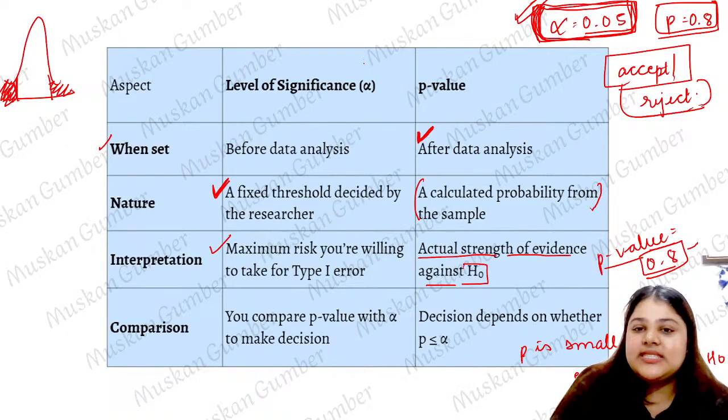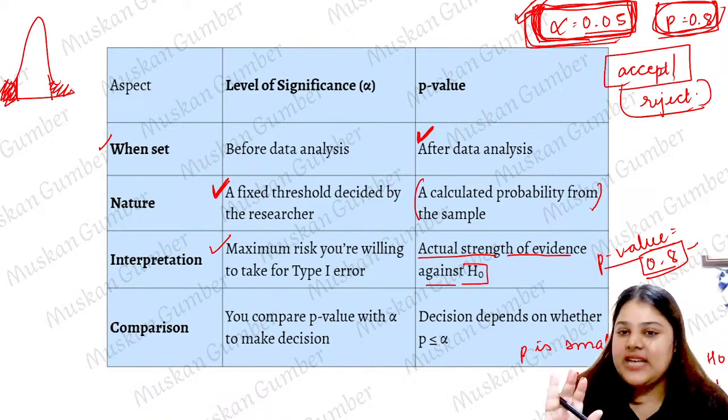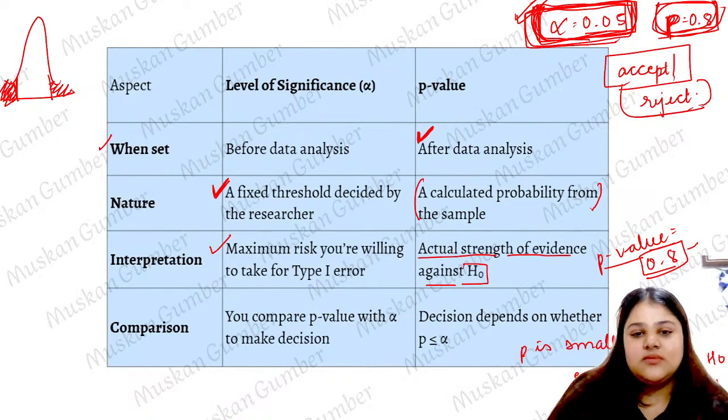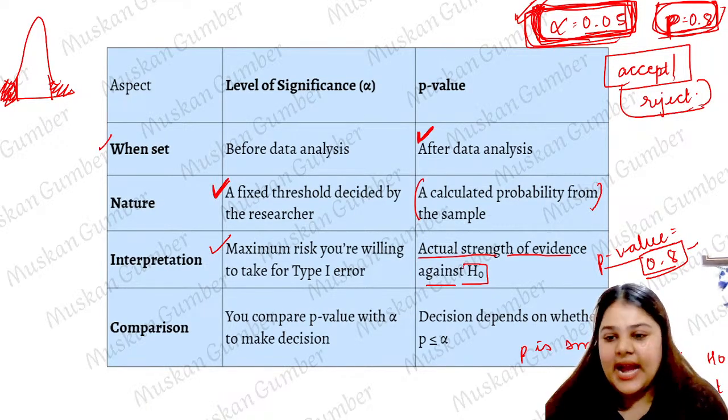You tell me, this is the level of error that we accept, and this is the error which we are committing, for example. So our p-value should ideally be less than the alpha value. Yes or no? Our p-value should ideally be less than the alpha value.